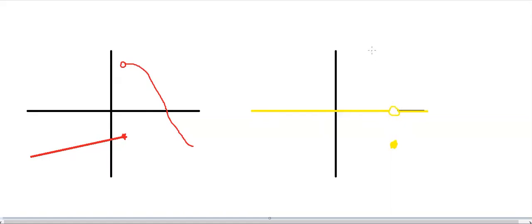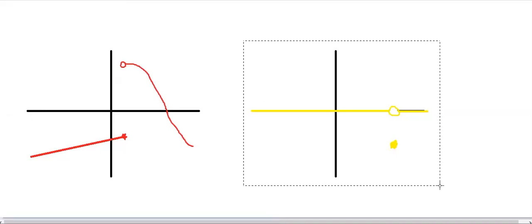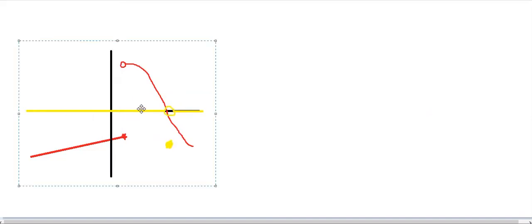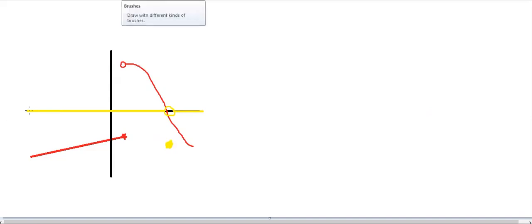Now let's see what happens when you multiply them. When you multiply them, again, let me see if I can get them on top of each other. Since the yellow function was 0 almost everywhere, you'll realize that the product will be 0 almost everywhere.